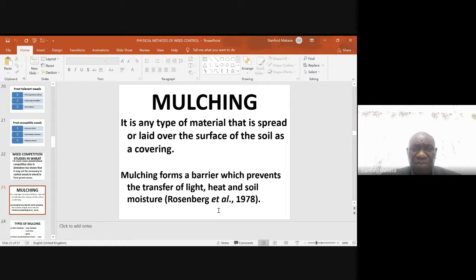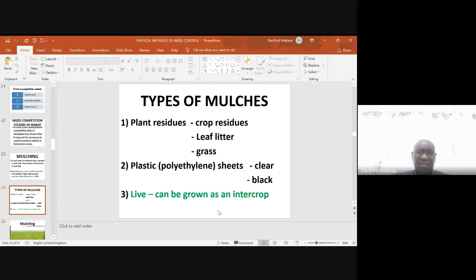Now we want to talk about mulching. Mulching is any type of material that is spread or laid over the surface of the soil as a covering. Mulching forms a barrier which prevents the transfer of light, heat, and soil moisture. Now, these are the types of mulches.